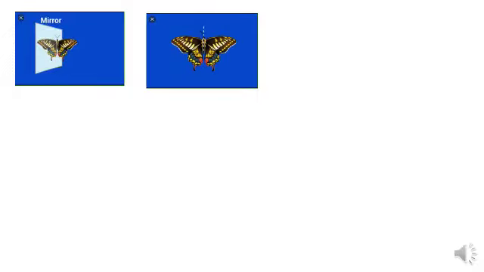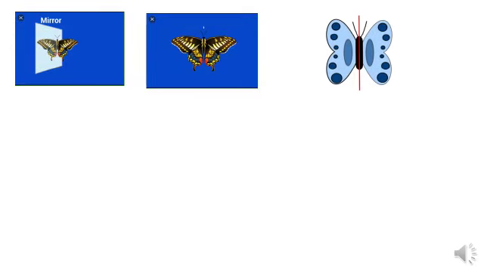The line of symmetry is the imaginary line, represented by a dotted line, which divides the figure into two equal halves such that both the parts exactly match each other. So in this picture you can see, children, for this butterfly, this straight vertical line is called the line of symmetry. If we fold the image from here, we get two halves that exactly match each other.